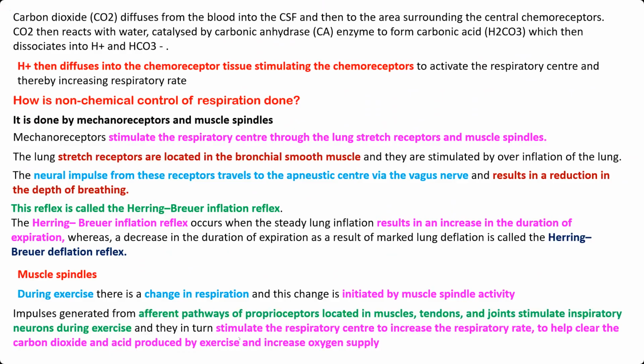So this is the major importance of muscle spindle stimulated activity during exercise and the normal requirement of increase in the oxygen. And irritant receptors are located in the airway epithelium.